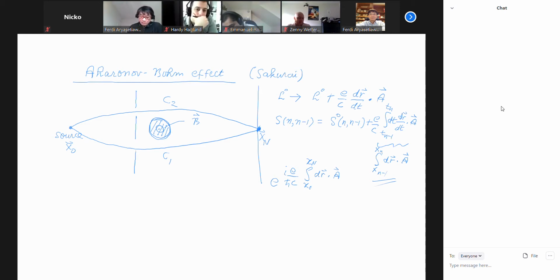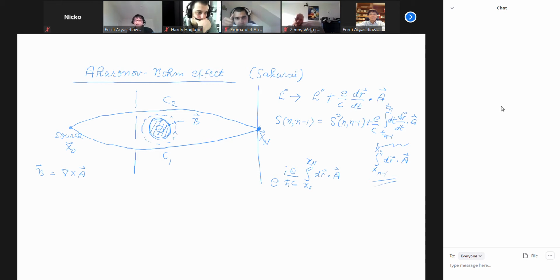So if we consider now these two paths, C1 and C2, then we realize that the phase factors in C1 and C2 are different because if you think about this magnetic field here, the corresponding vector field would be kind of around it, because B is given by the curl of A. So B is perpendicular to the plane, so the vector field is kind of going around it, like this.